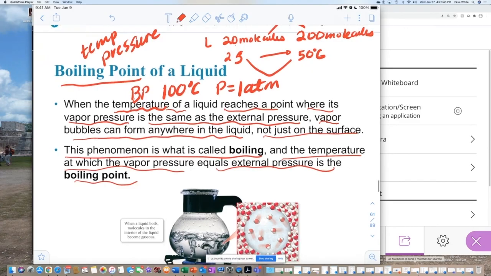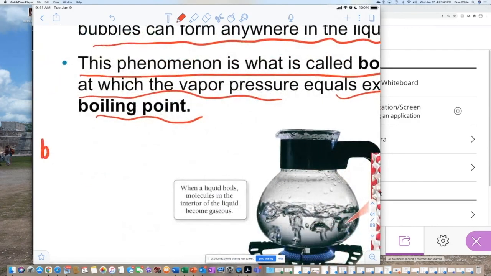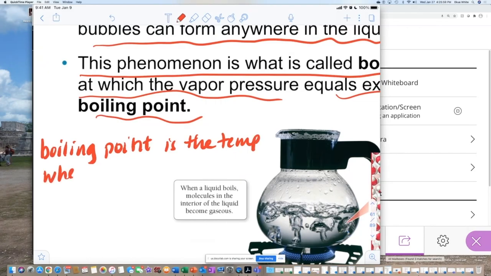So this is summarizing what I said earlier, that the boiling point is the temperature when vapor pressure is equal to, they call this external pressure, they're trying to be non-committal. I just call it atmospheric pressure.